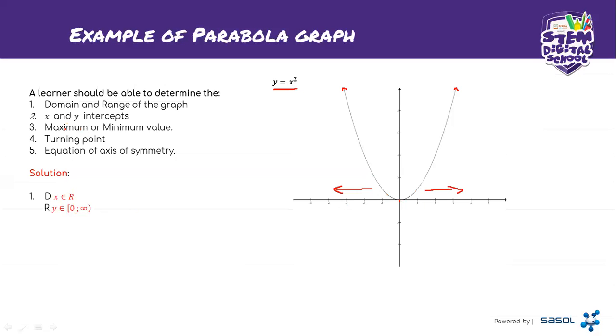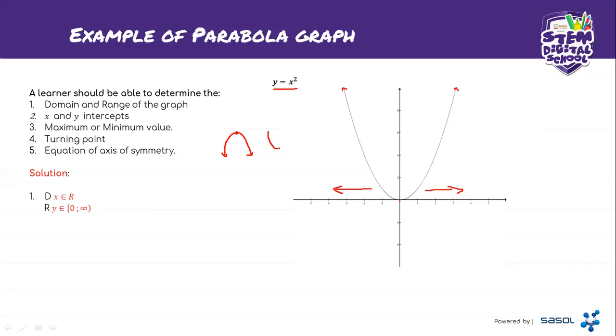Then go to number 3, maximum or minimum value. Either the graph gives us a maximum value or it gives us a minimum value. But when will the graph give us a maximum value? If the graph faces down, like this one, the turning point is going to give us the maximum.